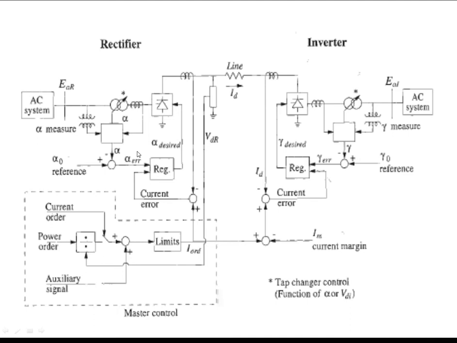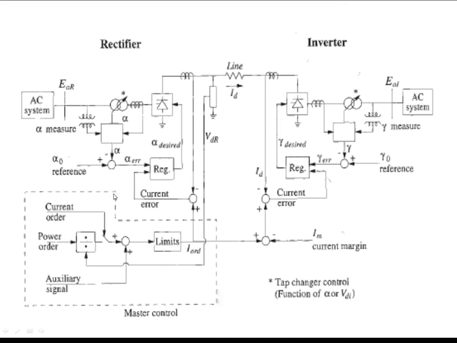So this is a detailed control implementation, the basic control diagram of the whole HVDC system. You can see here at this side there is a rectifier and this side is the inverter. First we see the rectifier side, how this master control provides the control signal to the bridges through this pole. Here you can see this highlighted part, this is the master control.